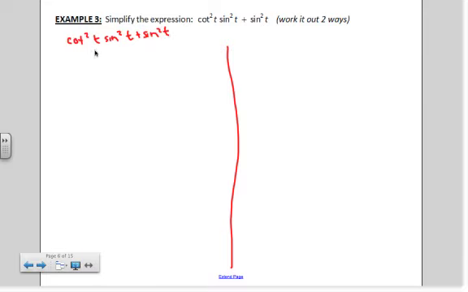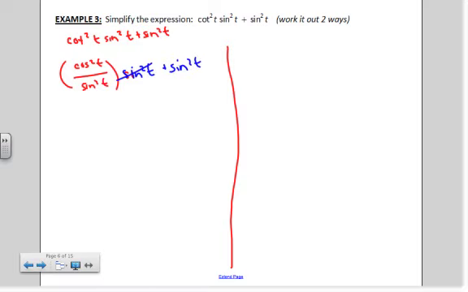What do you notice here? We have a quotient. This is nice with the sine squared, and we can write cotangent squared as, in parentheses, cosine squared t over sine squared t, times the sine squared t, plus that sine squared t.